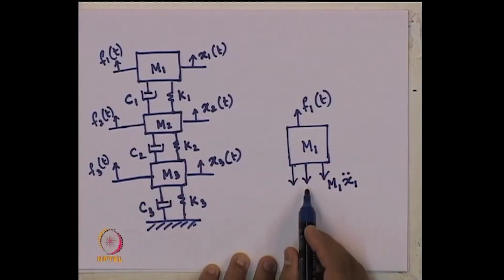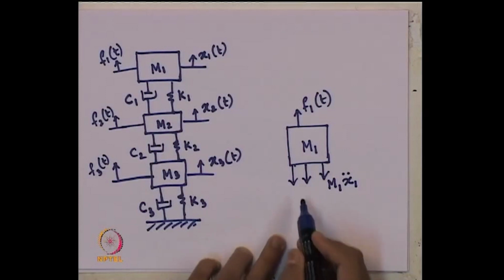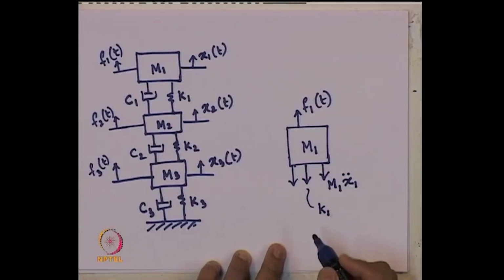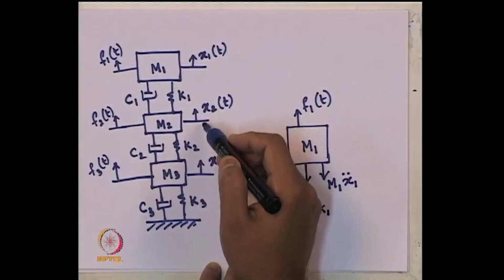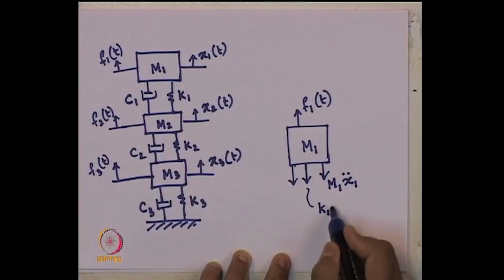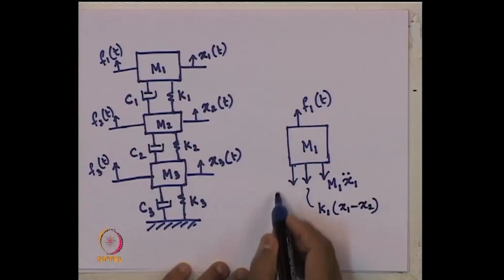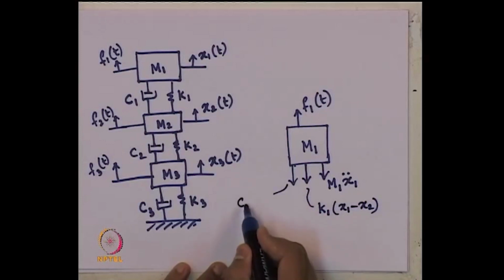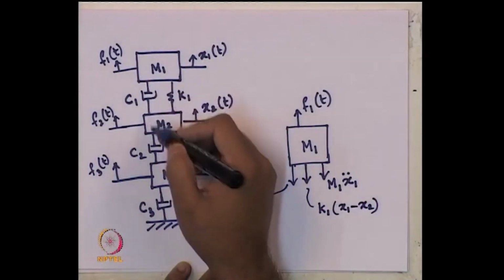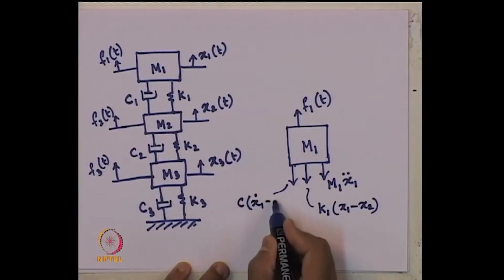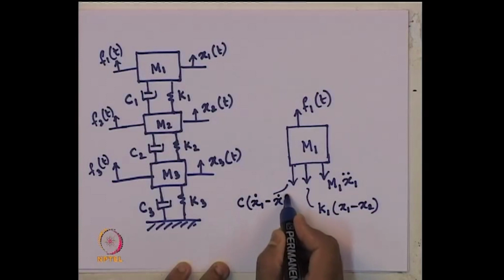Now, how much will be the spring force? Spring force should be K1 times the relative displacement between this mass and this mass, so x1 minus x2, and the damper force should be C1 times the relative velocity between these two masses, so x1 dot minus x2 dot.